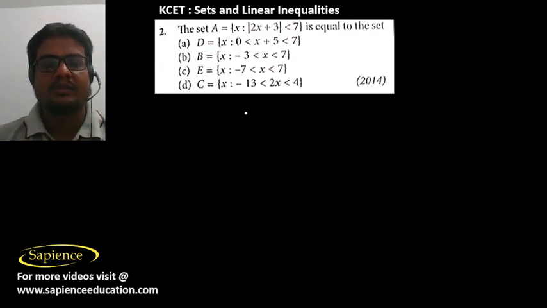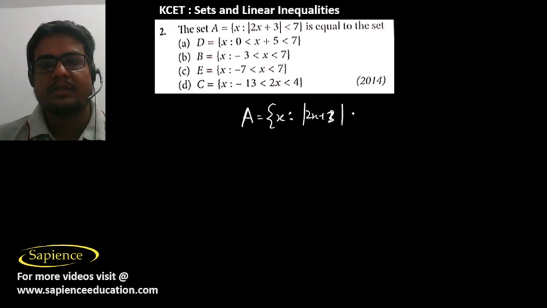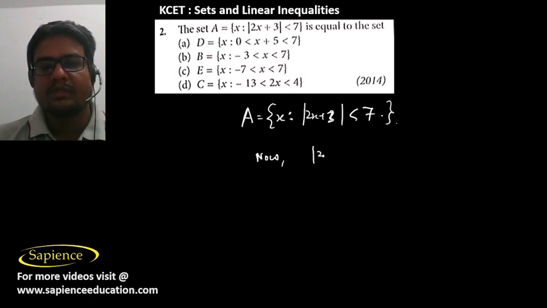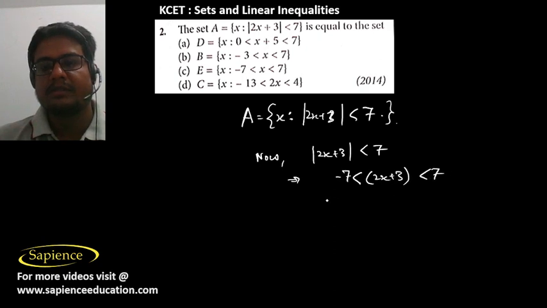Then it is told that the set A contains all those elements x such that mod of 2x plus 3 is less than 7. Equal to which set? Now we have to solve this inequality. It means 2x plus 3 is greater than minus 7 and less than 7. So we subtract 3 on all sides: 2x is between minus 10 and 4.